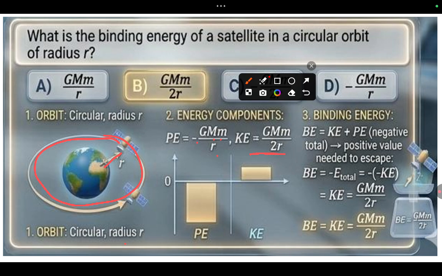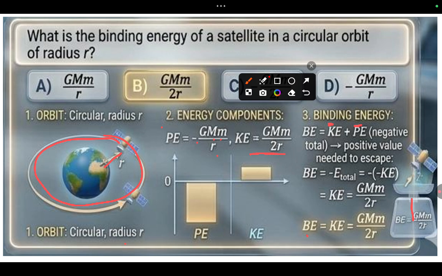The question is what is binding energy? Binding energy is the bound energy, kinetic plus potential. To maintain a stable orbital motion, the energy is conserved and equals the sum of potential and kinetic energy. Clear?